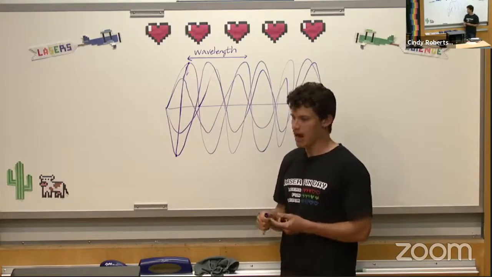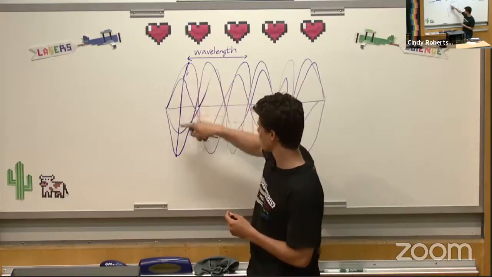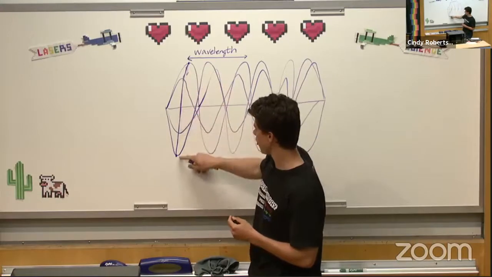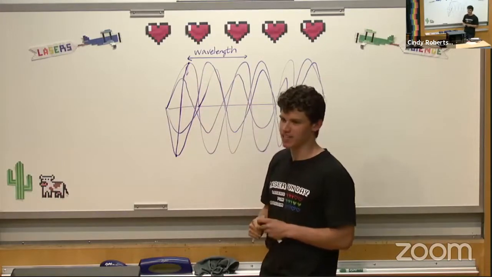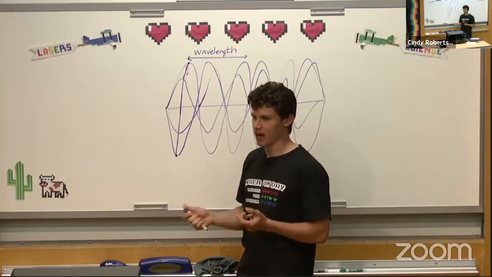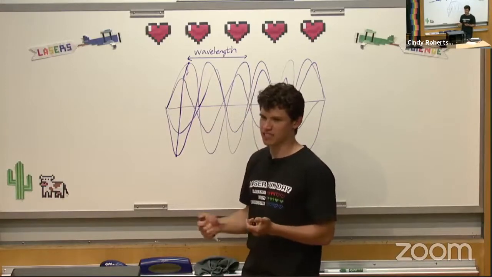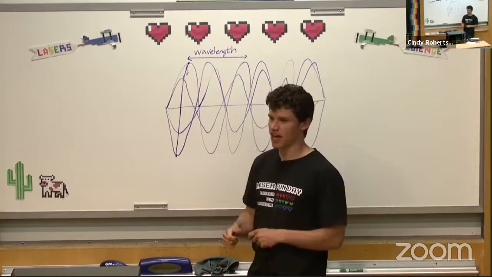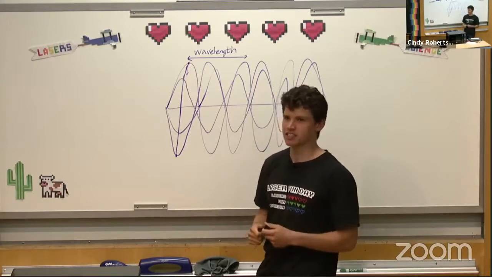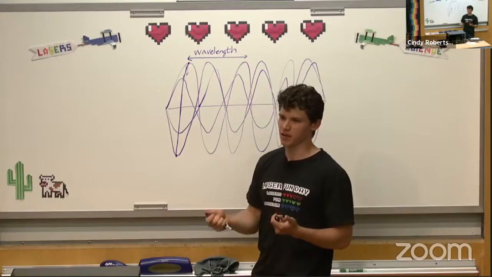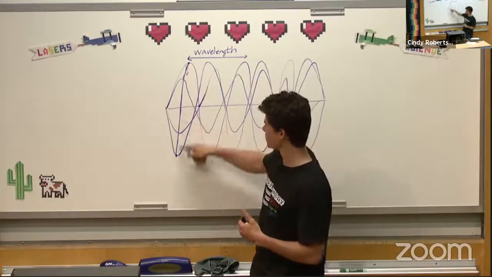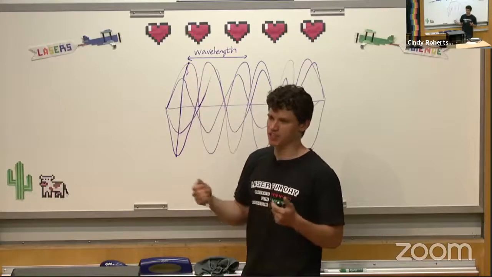So if you have a wave that goes all the way down and back up again 10 times in 1 second, we would say that wave has a frequency of 10 hertz. And the unit hertz basically just means the number of cycles, or the number of times this goes up and down, per second.